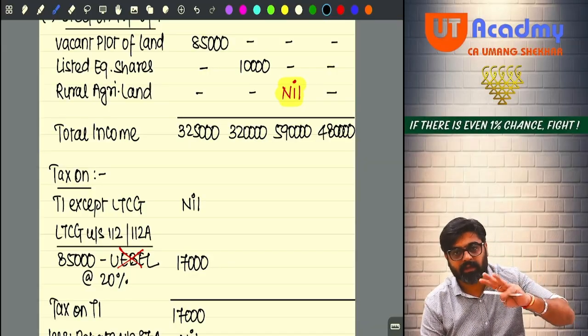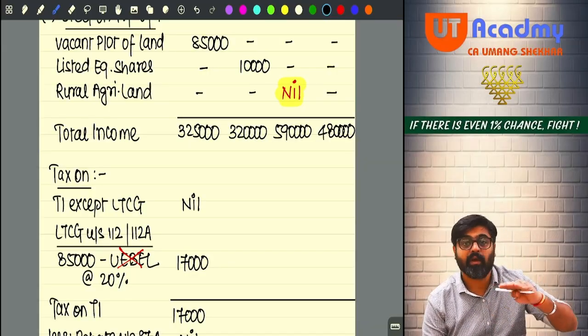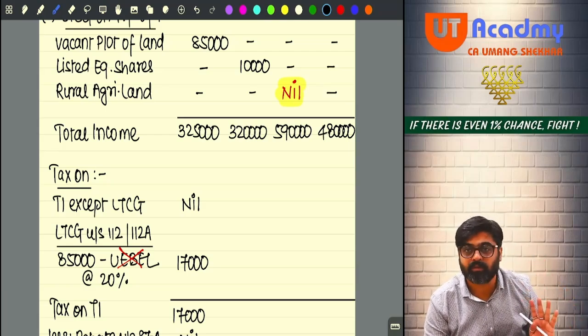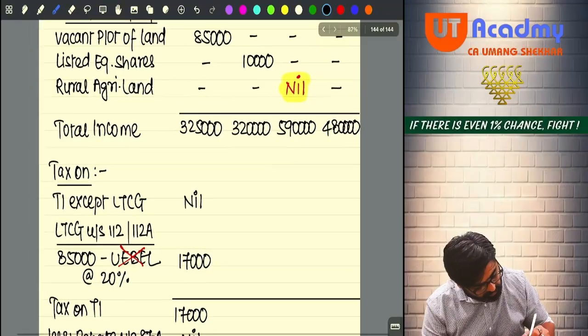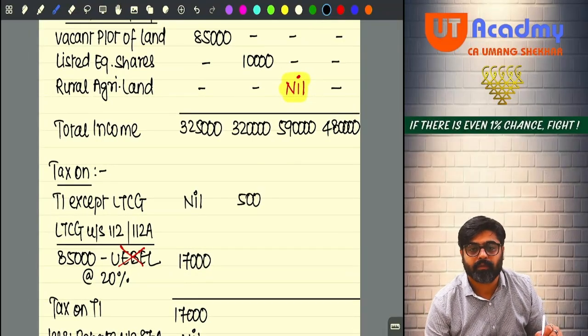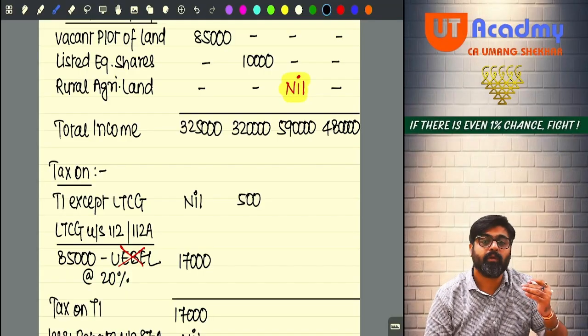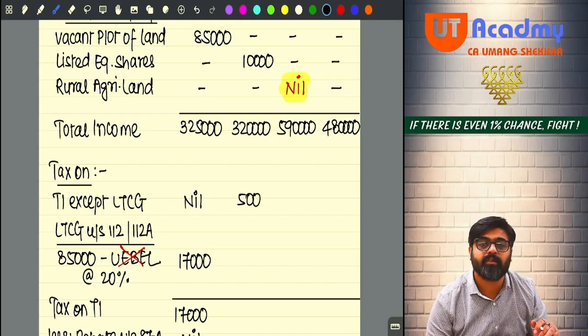So on the first 3 lakhs there is no tax. But can I say on the remaining 10,000 you are going to pay 5%, 500 rupees. So 500 rupees will be the tax on your total income except LTCG.